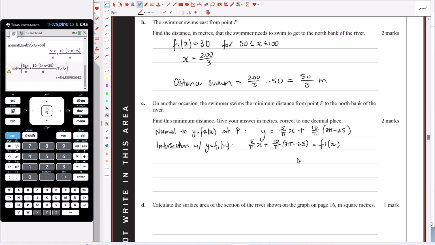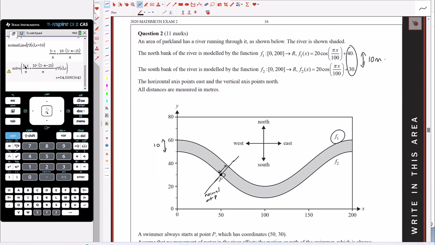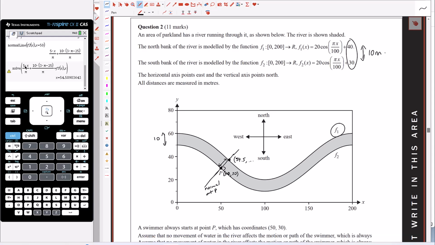And it's all decimals, so that's good. So x is approximately 54.5. Okay, so that is this point here. Now I know that point has an x coordinate of 54.5, and we'll need to find the y coordinate, and then we'll find the distance between these 2 points.